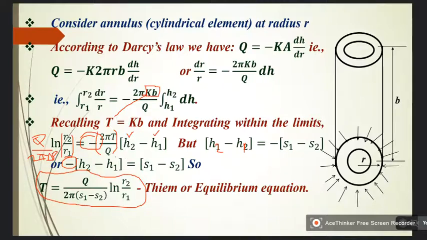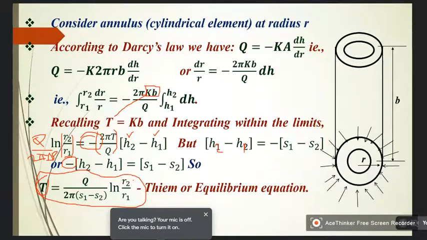So this is equal to T. This is what is known as Thiem's equilibrium equation, for equilibrium because it is steady state flow. This is for confined aquifer.